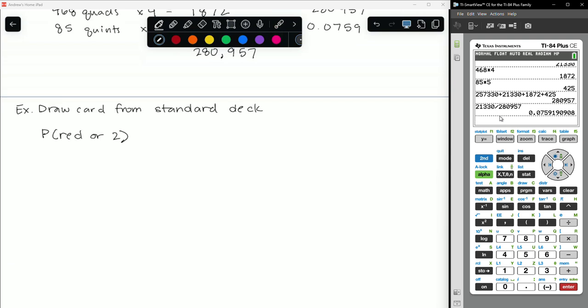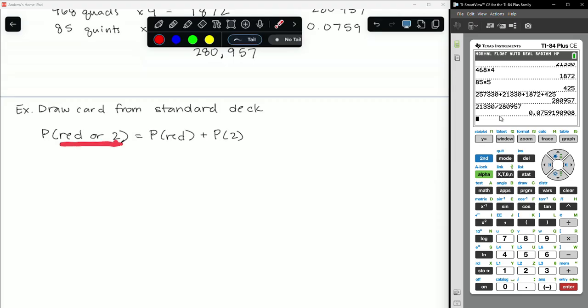Red or a 2. So or means add. So I know that I'm going to have P(red) plus P(2). And then I need to think, are there any cards in the deck that are both red and 2?